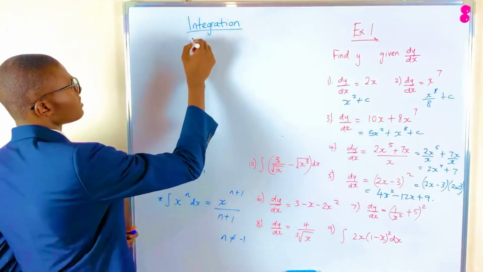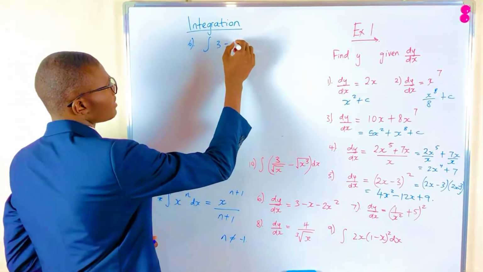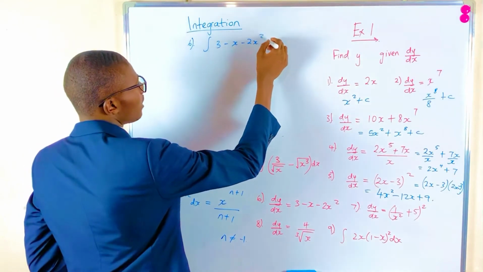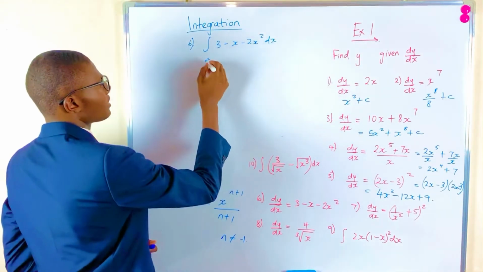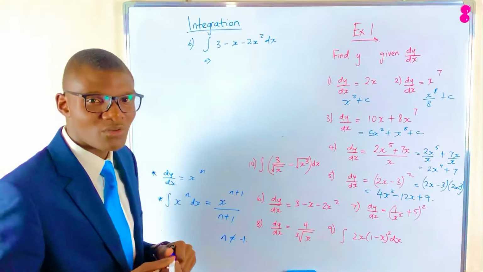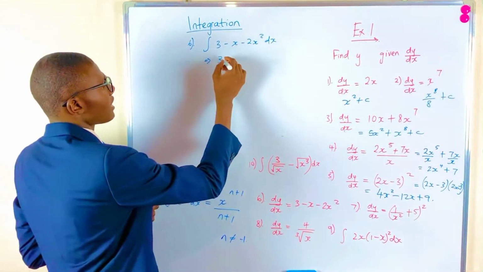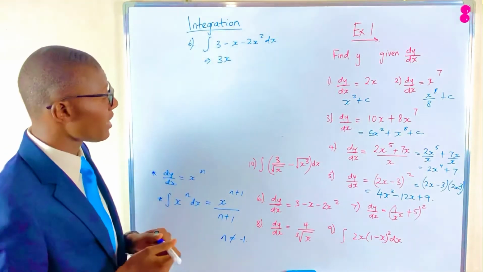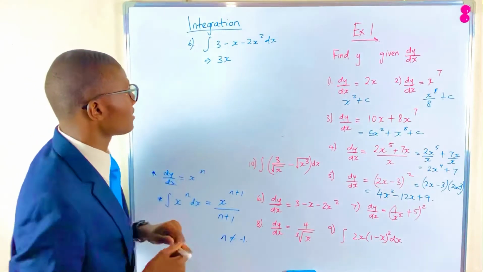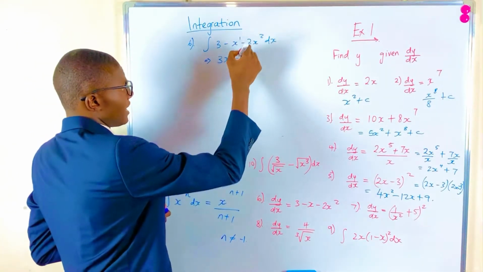So for number 6, we are saying the integral of 3 minus x minus 2x squared with respect to x, right? Integral of 3x to the power of 0, we are saying 3 times x. Remember x to the power of 0 will just give us an x. Then minus, this is x to the power of 1.